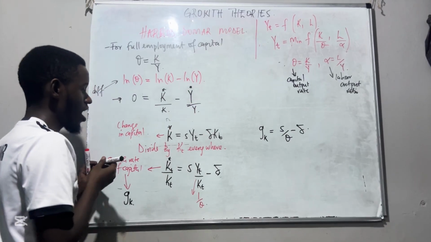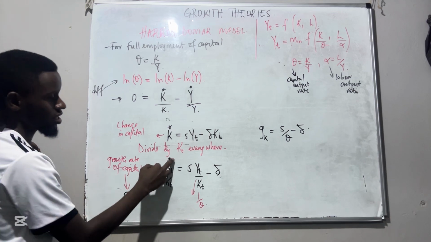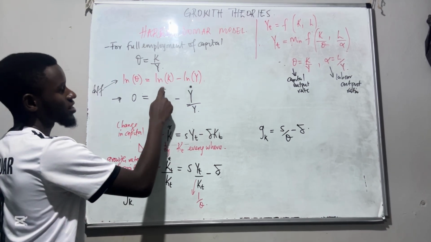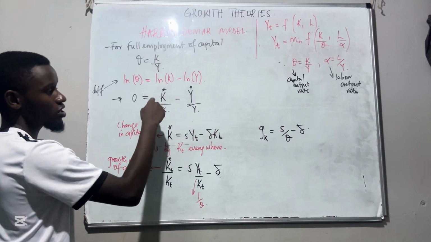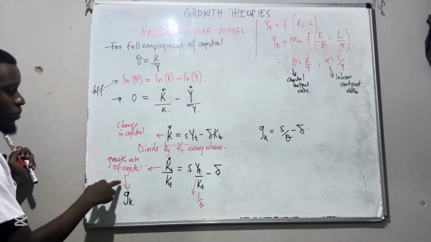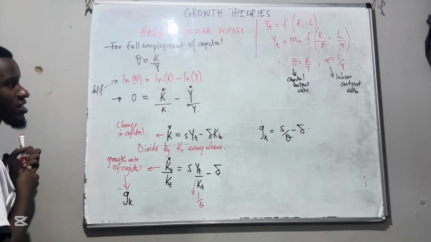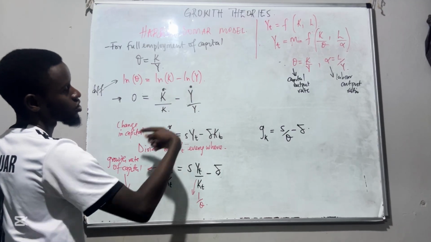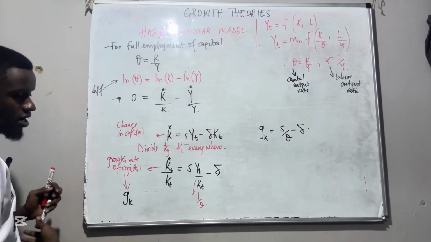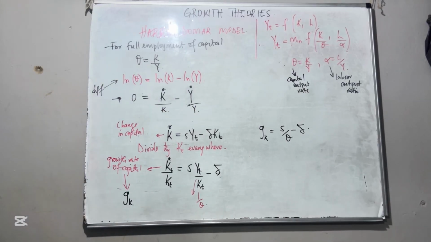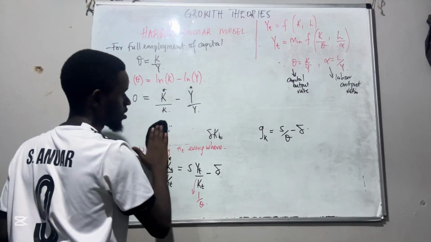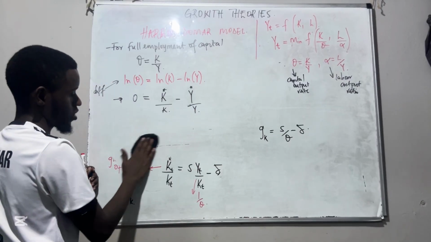Now from here, as we saw, K star over K is the growth rate of capital. And lastly, Y star over Y is the growth rate of output, GY. And then from there, we shall be able to prove our Harrod equation.